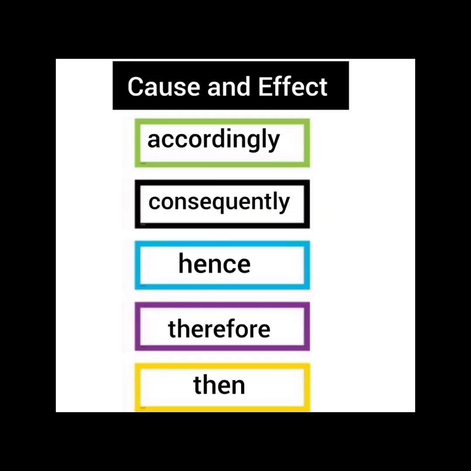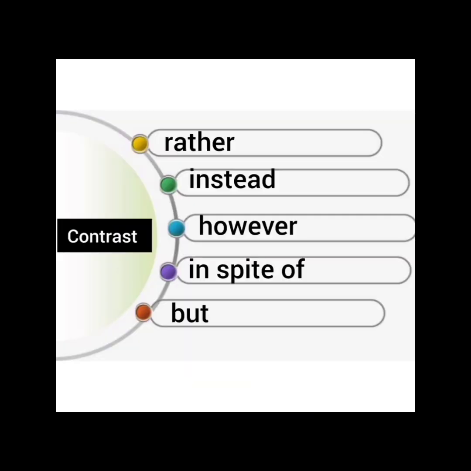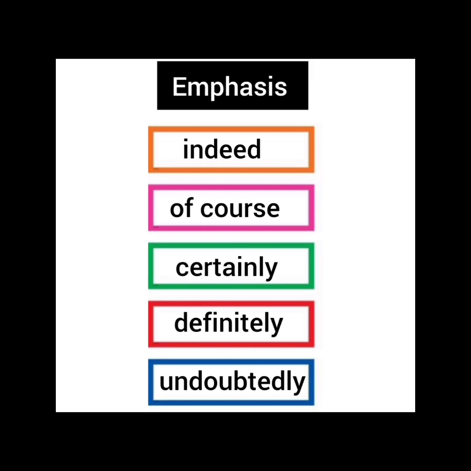Then for cause and effect, accordingly, consequently, hence, therefore, and then. For contrast, rather, instead, however, in spite of, and but are the conjunctive adverbs. Then for emphasis, indeed, of course, certainly, definitely, undoubtedly.